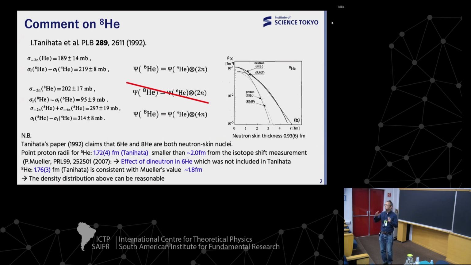Since helium-6 has a di-neutron correlation, and the di-neutron tends to have a longer tail, my interpretation is that helium-6 is a neutron halo, while helium-8 is more like a neutron skin. That's what I would like to say.